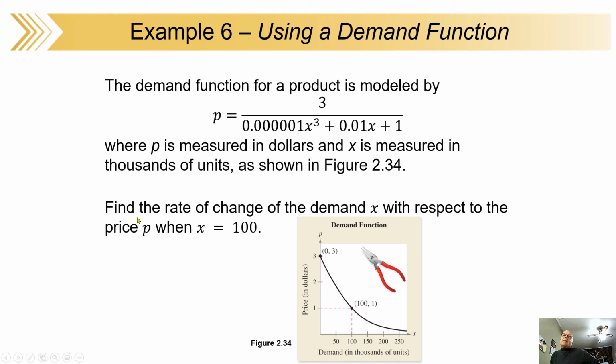The question is, find the rate of change of the demand x with respect to the price p when x equals 100. In other words, how is the demand changing compared to the price when you're currently selling 100 of those needle nose pliers per day or per month or whatever it is?